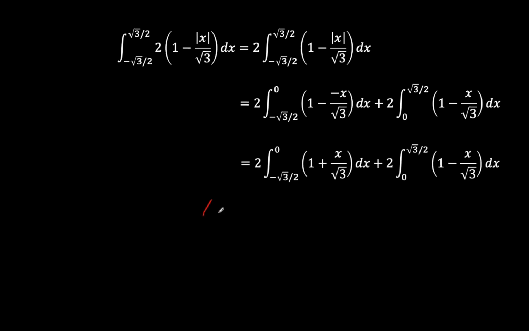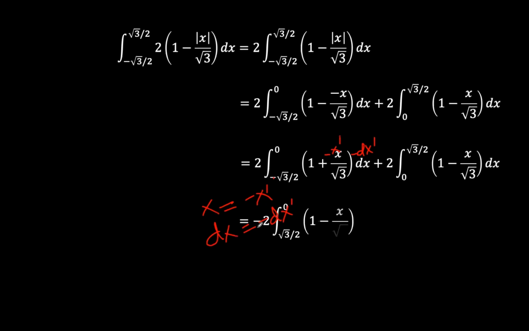And if we say that let x be equal to negative x prime, such that dx is equal to negative dx prime, and the limits, negative becomes a positive, so this becomes negative dx prime, and this becomes positive.